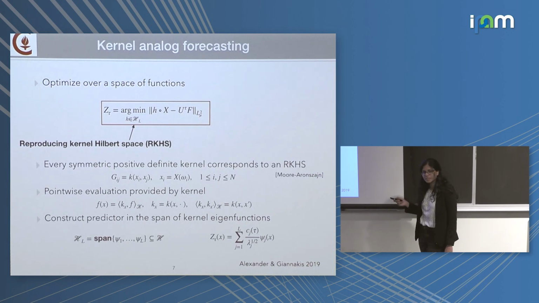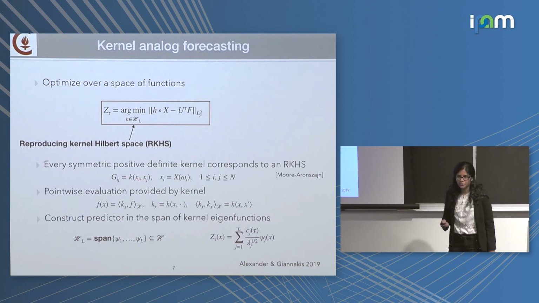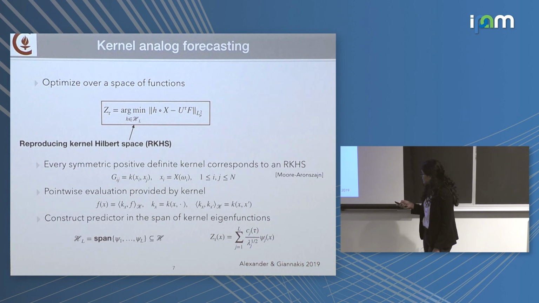And this is the famous Moore-Aronszajn theorem. So given a kernel acting on our observation data xi, xj, for each xi and xj, you have a kernel function value associated with it. And G here can be represented by an n by n matrix where we have n training samples. And pointwise evaluation is provided by the kernel function.